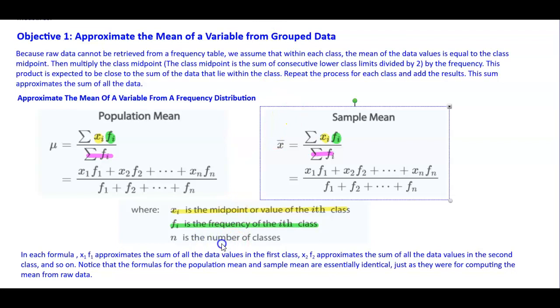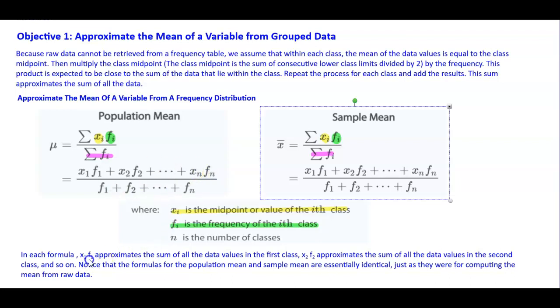And recall that n is the number of classes. So that means you take midpoint 1 times frequency 1, plus midpoint 2 times frequency 2, plus and so on, to the nth midpoint times the nth frequency, divided by the total frequencies.